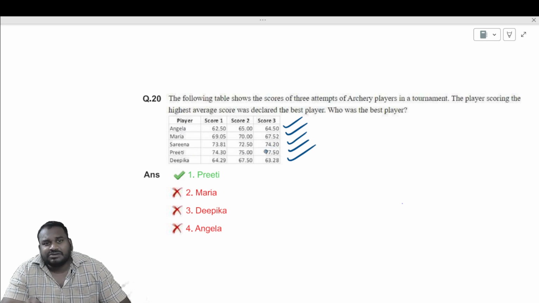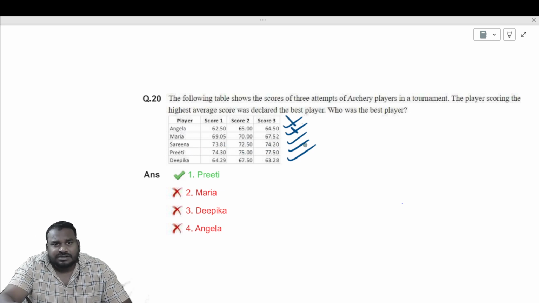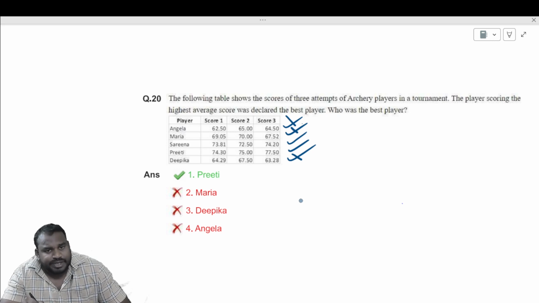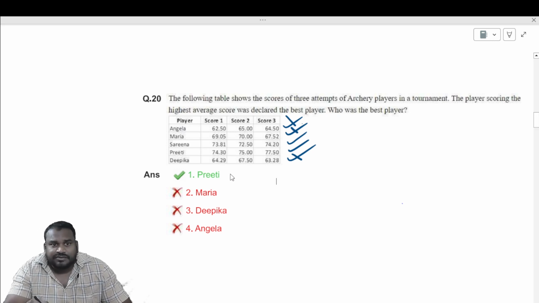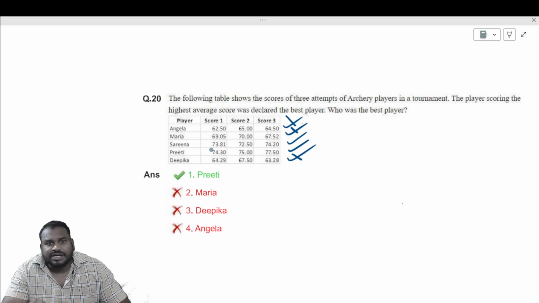So if they are in the 70s, obviously the first three cannot be the winner, because Serena and Preeti are in the 70s. You should identify who is the winner between Serena and Preeti. If you observe Serena, the highest number is 74. But if you observe Preeti, the least number is 74.